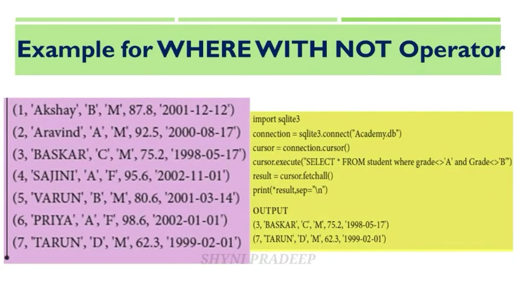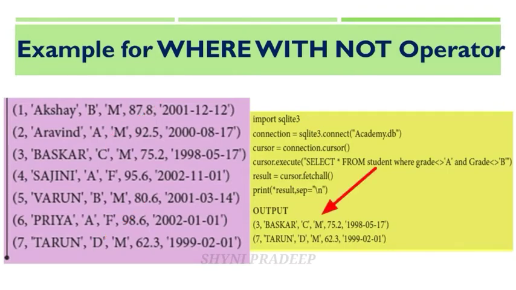In this example, you are going to display the details of students who have scored other than A or B from the student table. See here, SELECT * FROM student WHERE NOT grade = 'A' AND NOT grade = 'B'. So you have to avoid A and B grades. Okay. Print the other grade students' details.